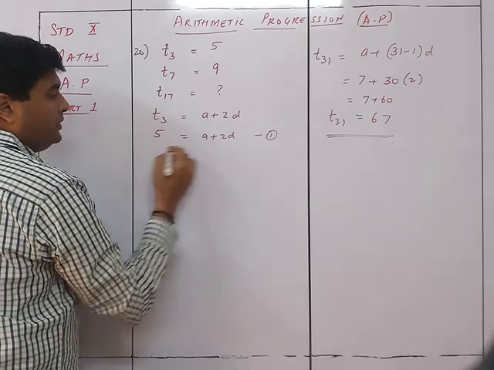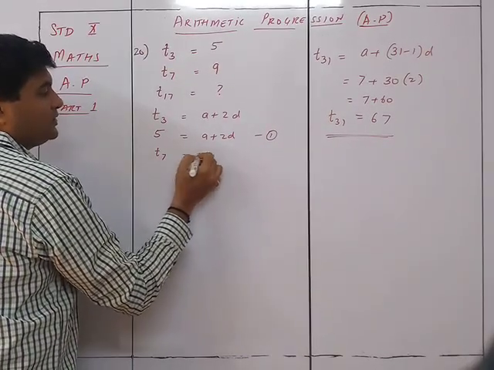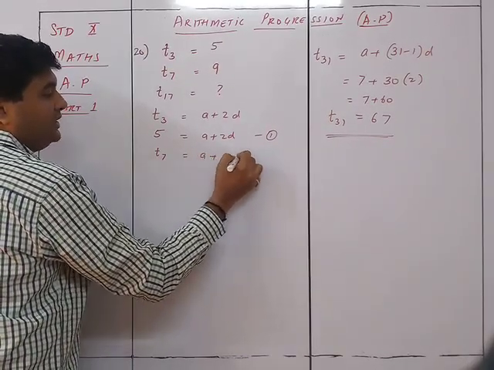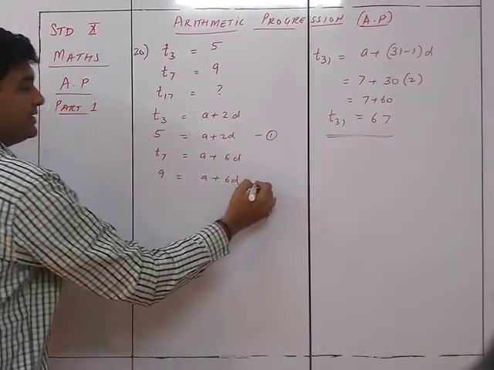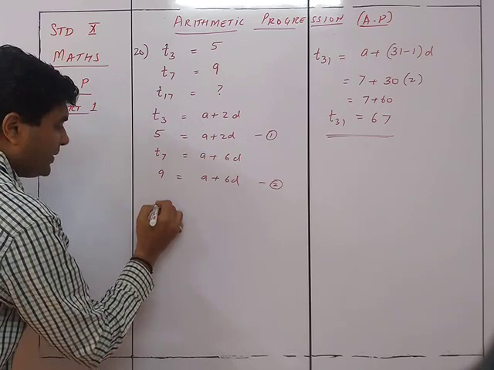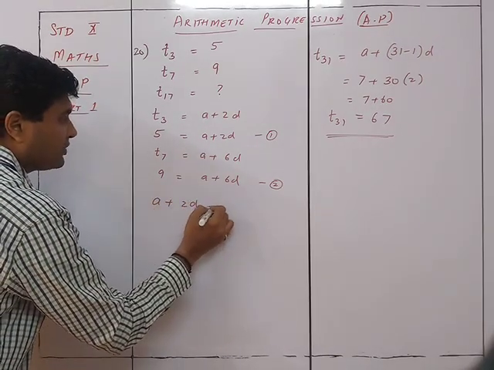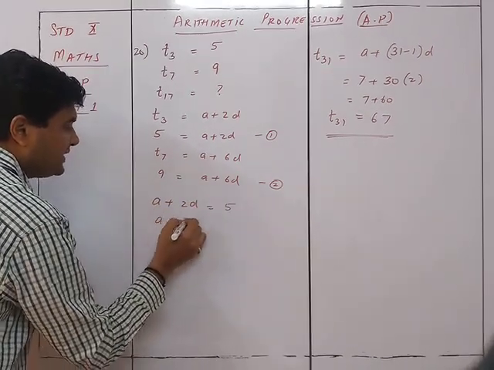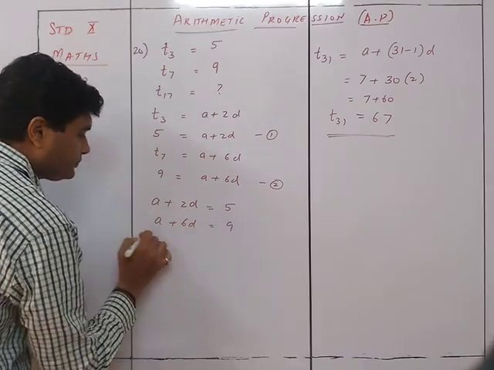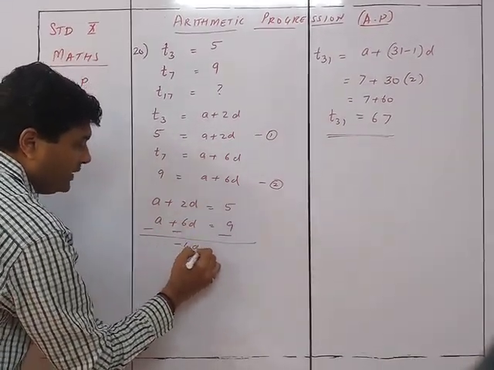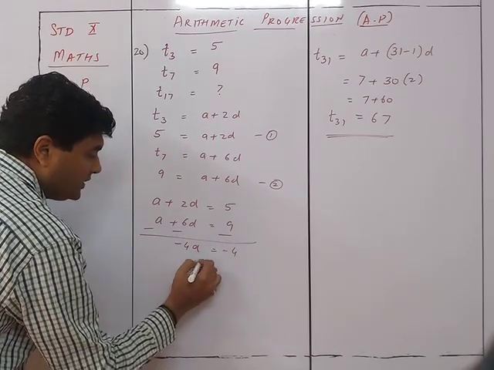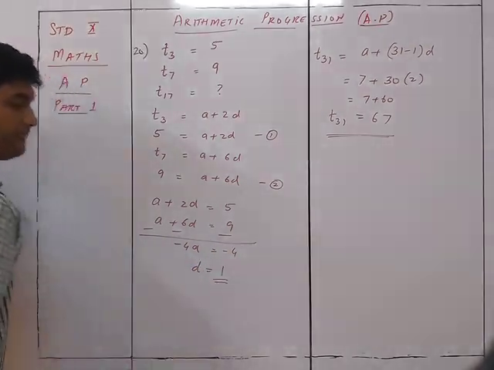That's the first equation. T7 is equal to A plus 6D, so 9 is equal to A plus 6D. That's the second equation. Solving the two equations, subtracting, we get minus 4D is equal to minus 4. So D is equal to 1.